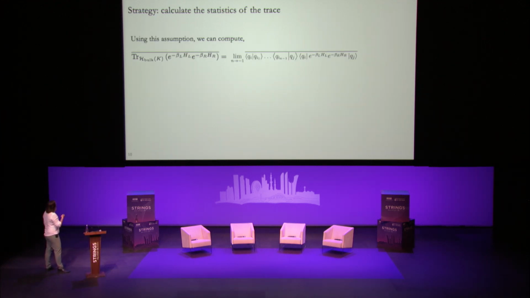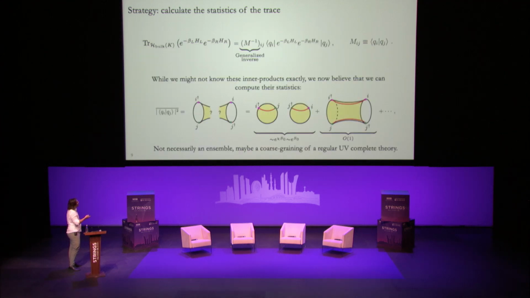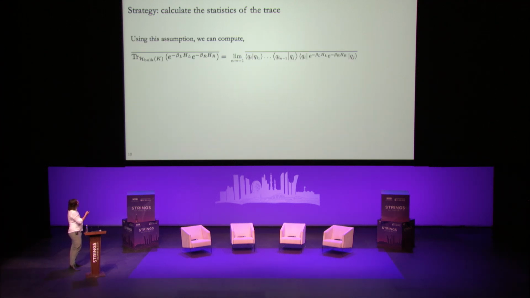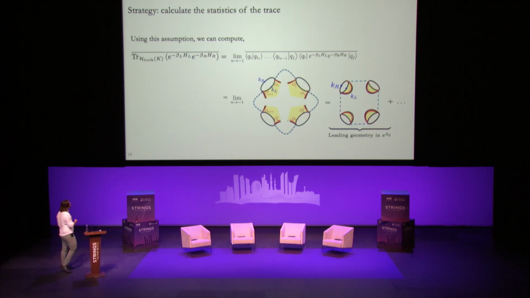Using this assumption, we can compute trace h bulk by using the replica trick, writing the matrix M to the power n, and analytically continuing n to -1. In general, there are multiple geometries contributing to this.